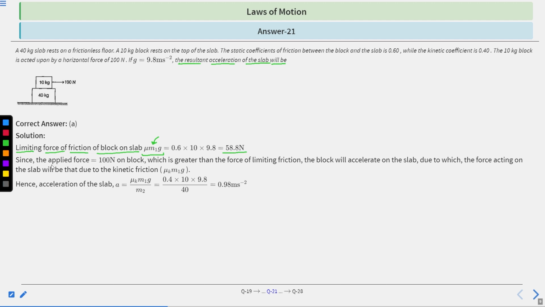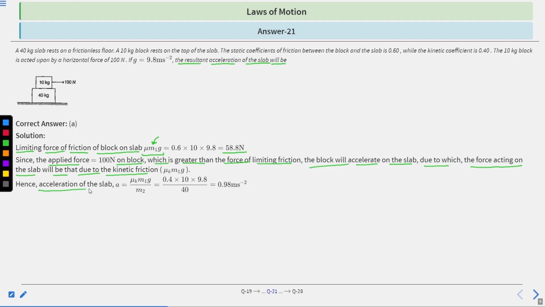Since the applied force of 100 Newton on the block is greater than the limiting friction, the block will accelerate on the slab, due to which the force acting on the slab will be that due to kinetic friction.